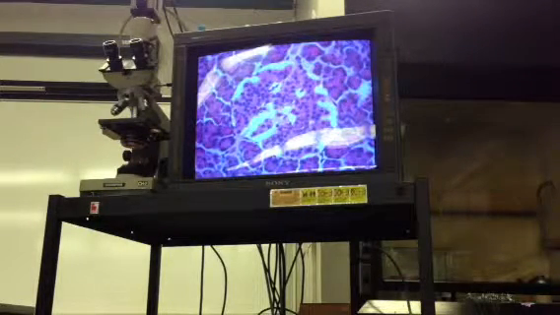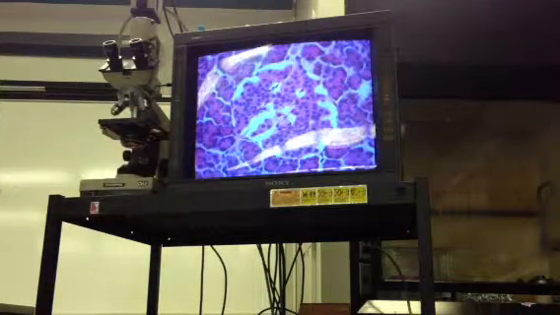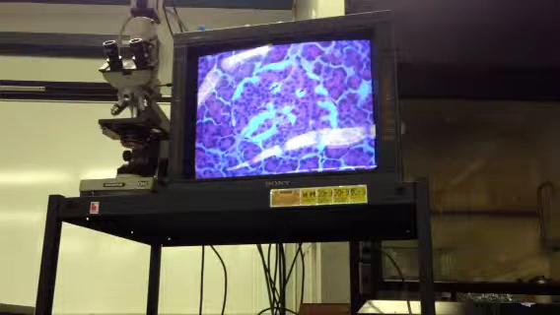Acinar refers to the shape. No, an islet means a small island of cells. The acinar cells are acini. An acinus is a very small little tubule.